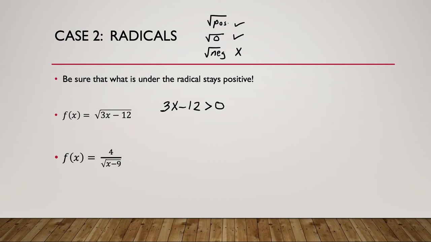And so because we've already got the positive case here, but this also can equal 0, I'm going to put an equal to underneath. And then we're simply going to solve this expression. All right, so I'm going to begin by adding 12 to both sides of the inequality.